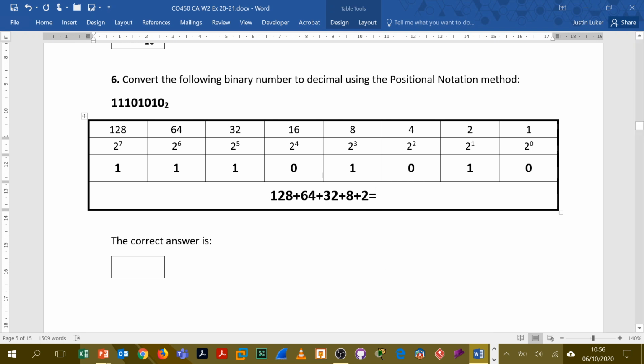What have we got here? 128 plus 64 is 192. Plus 32 would give us 224. Plus 8 gives us 232, plus 2, 234.